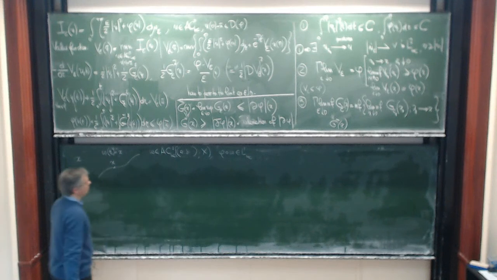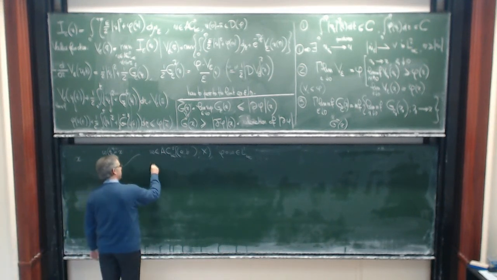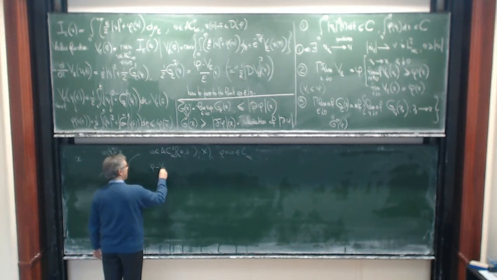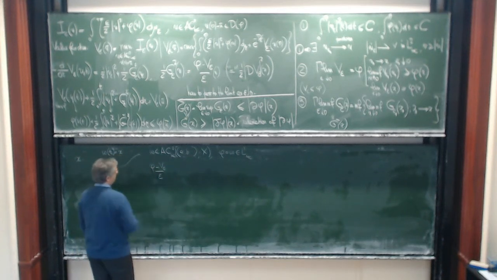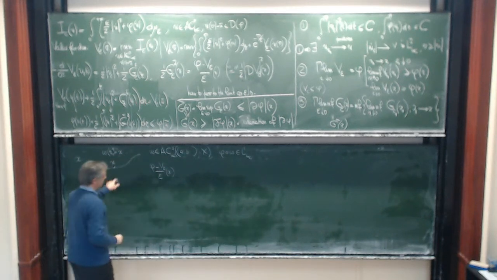X is an interior point, okay? Now compute the phi minus v epsilon divided by epsilon, evaluated exactly at x.